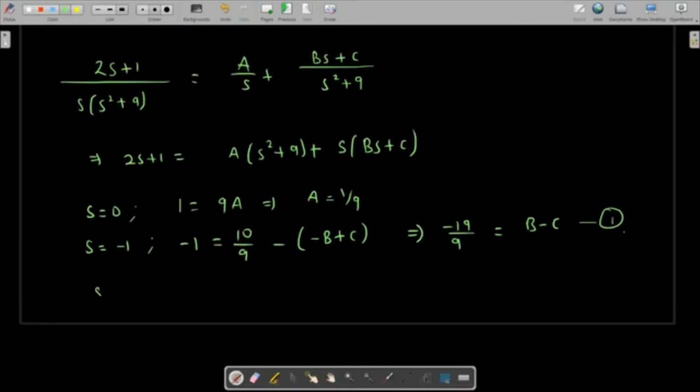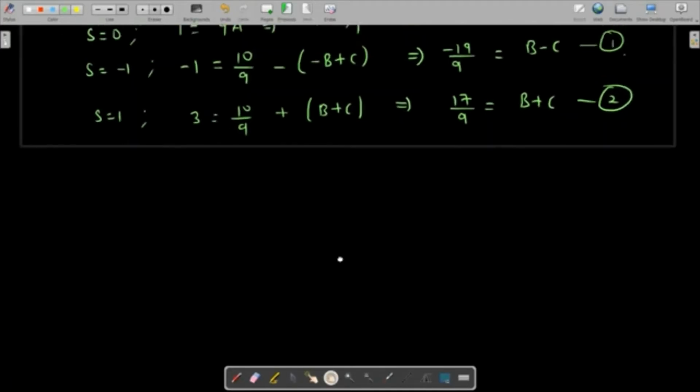Now I'm going to replace s by 1, so that this becomes 3 equals 10 over 9 plus B plus C. So from here, 3 minus that becomes 27 minus 10, which is 17 over 9, equal to B plus C. Let's call it equation 2.